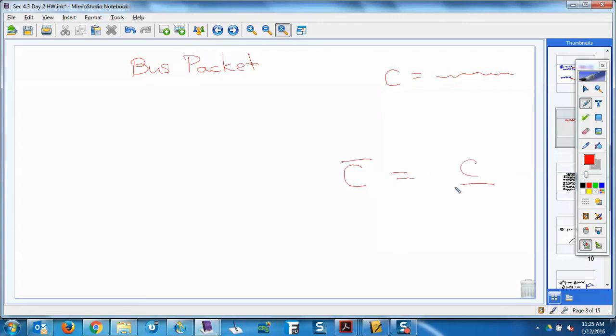C bar is C over X. So what you needed to do is take that C equation and divide it by X. That is C bar. And then that's what you're going to do the derivative of. So you'll get C bar prime equals something, set it equal to 0, and you go from there.